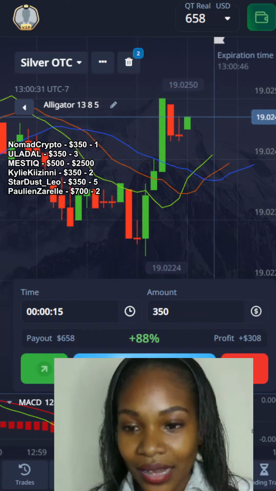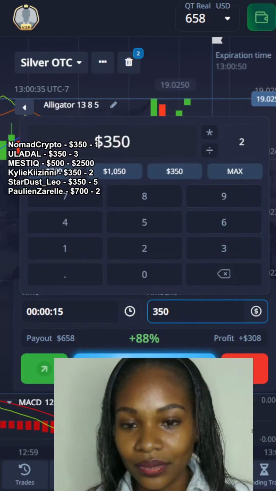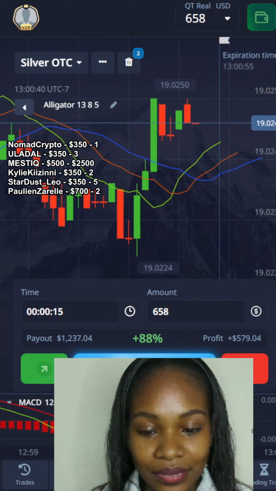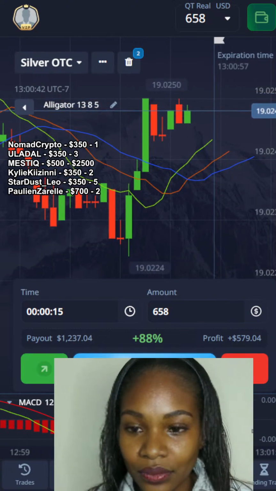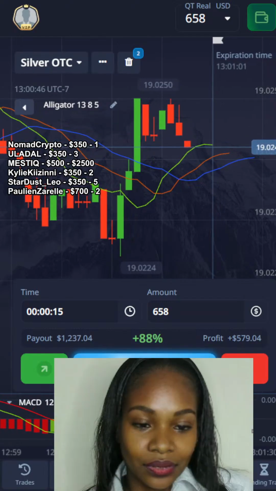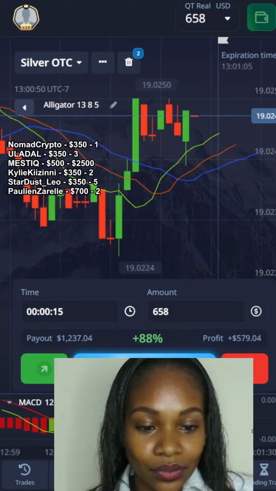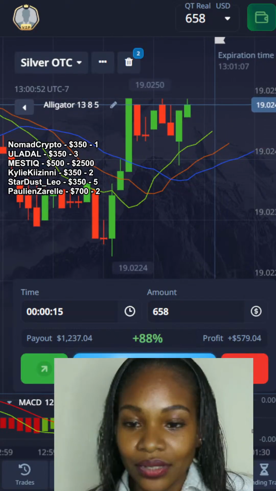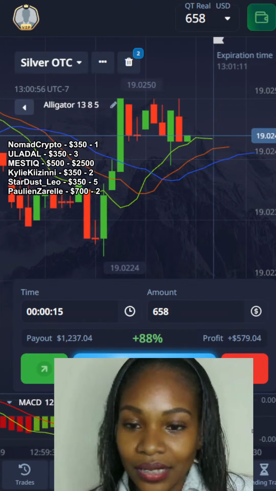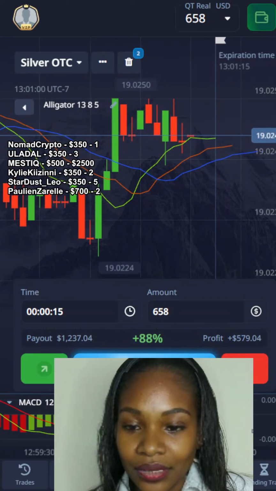So you might think that we are going to break structure, but instead we actually still continue in that previous direction. So you should not rush into placing trades, okay? First wait, if we are breaking structure, let it first form properly before you place your trades, right?